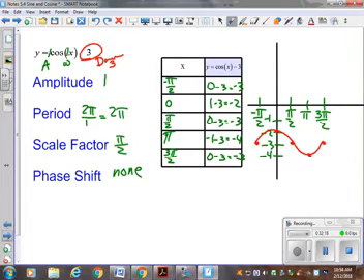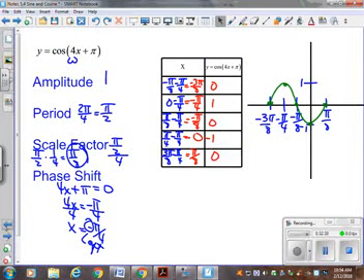The numbers inside the parentheses always make it go left or right if there's adding or subtracting. But we also had the number in front of x and the number in front of your amplitude doing other things. All right, so that's where we have looked at all the different positions and what they do.